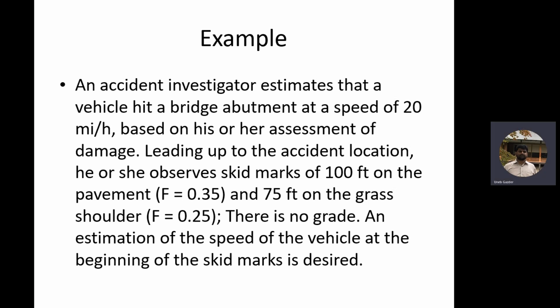Leading to the point where the car hit the bridge, he saw some skid marks on the road. What are skid marks? Obviously the poor guy didn't want to hit the bridge, so he was trying very hard to stop the car. When you hit the brakes very hard, suddenly at full power, the tires skid on the road and leave black marks.